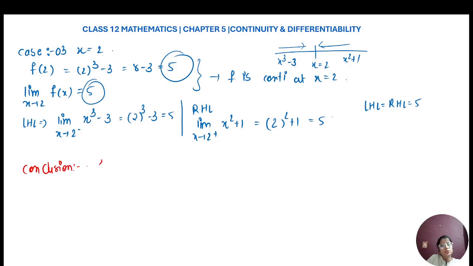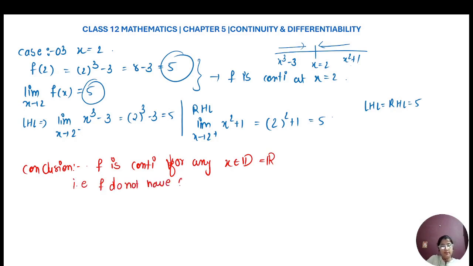So the conclusion is f is continuous for any x in the domain. Here our domain is nothing but R, or in other words, f does not have any point of discontinuity.